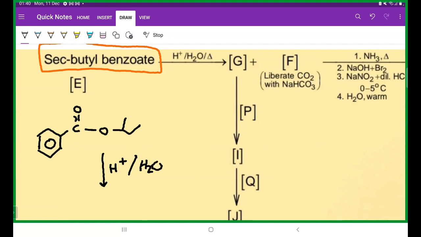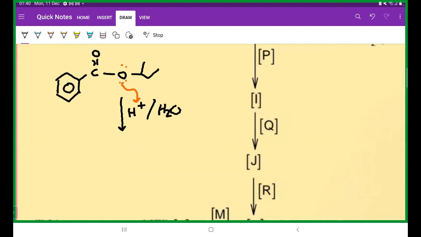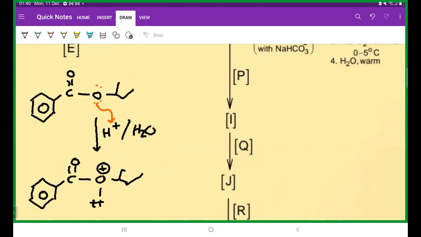When you add H plus in this solution, you see this O has got lone pairs of electrons. It will attack this H plus. Then what will happen? I'm sorry, my drawing is not very good. I hope you are able to understand.